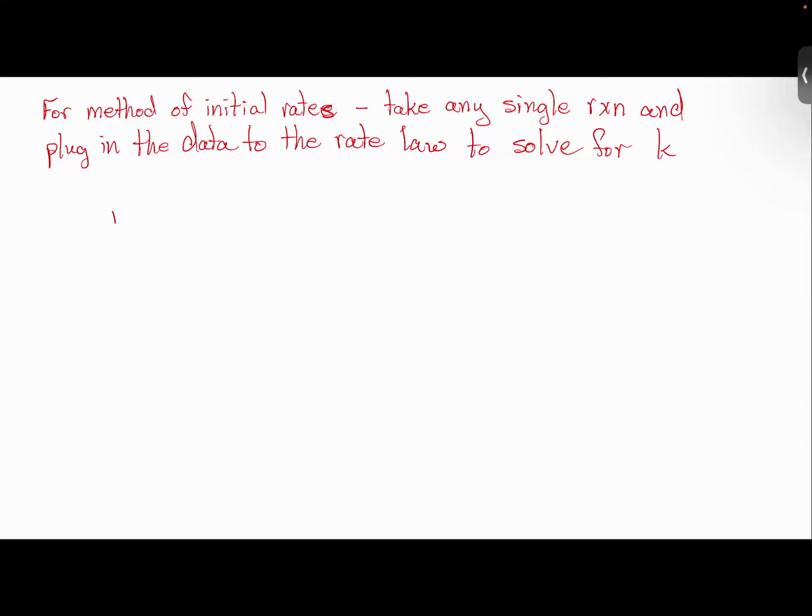So for example, we determined that the reaction was rate is equal to K times NO2 squared. So to figure out K, I'm just going to pick the first reaction. The rate was 0.0021 is equal to the rate constant times 0.1 squared.